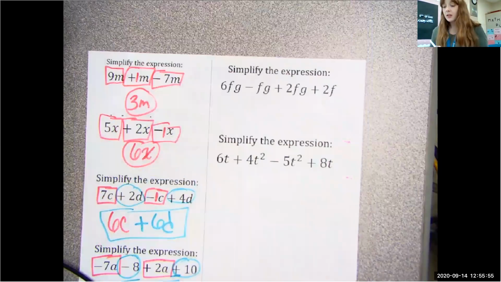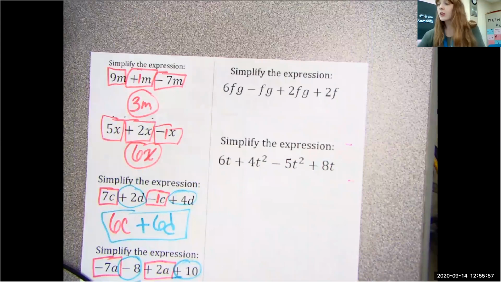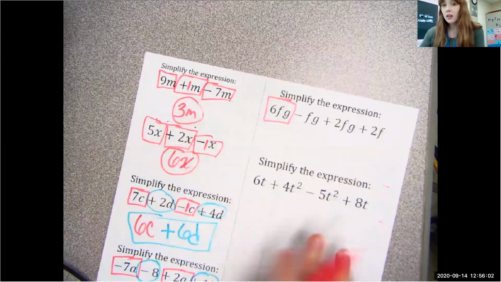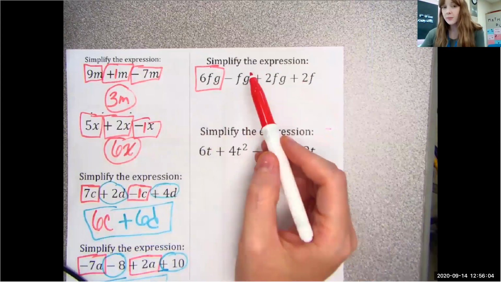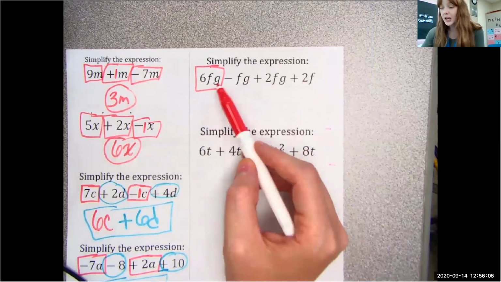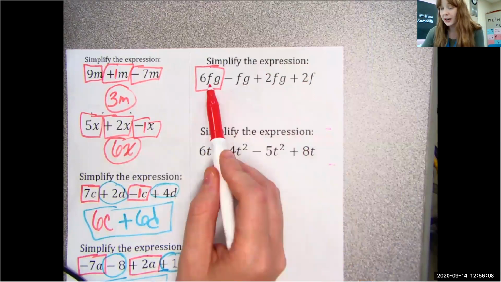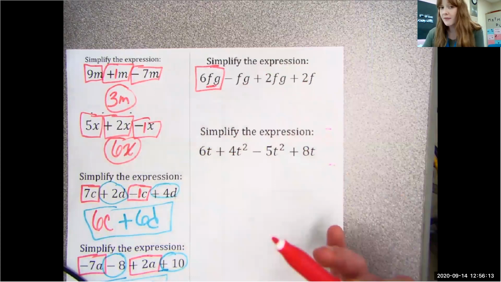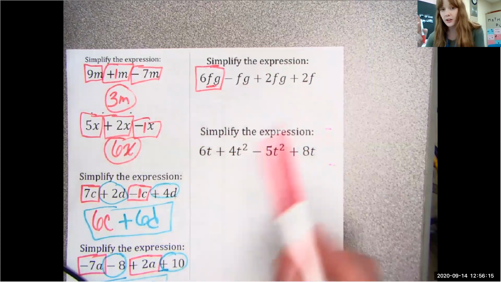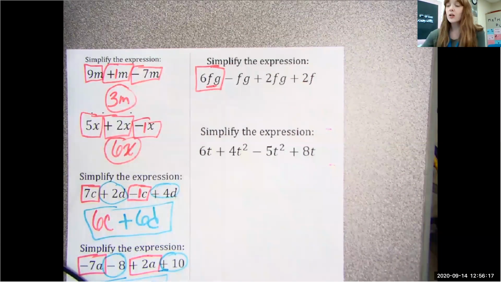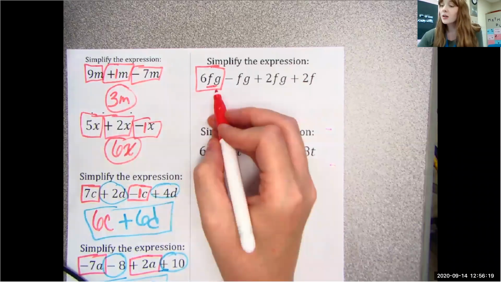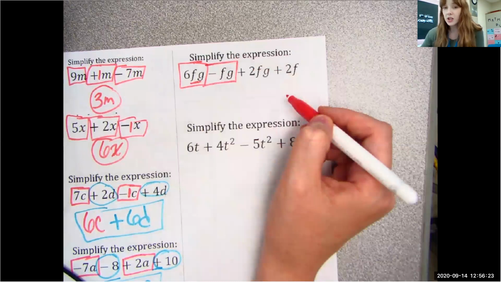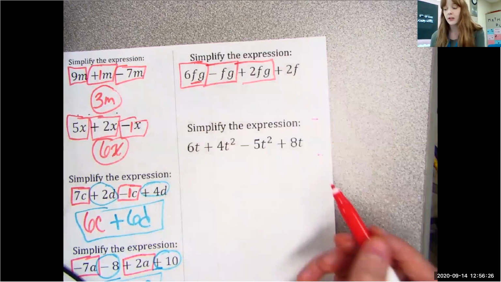Okay. This one's a little tricky. Like terms are only terms that share the exact same variables. If I see an FG here, then I need to see an F and a G in all of the other terms that I see, not just an F and not just a G, but both letters need to be there in the like terms. So I can combine a 6FG with a minus FG and with a plus 2FG, but I can't combine it with the plus 2F.